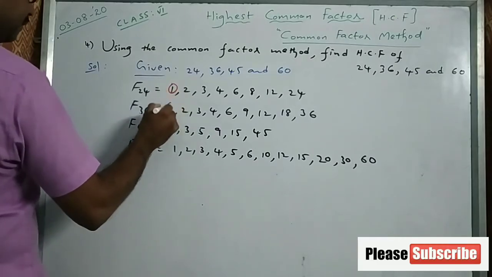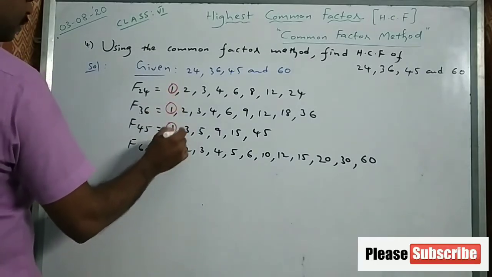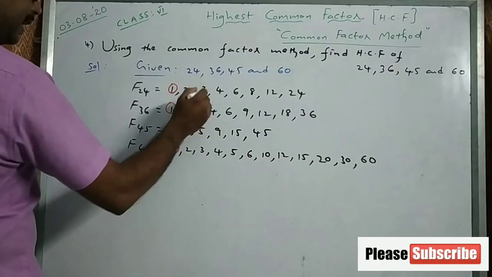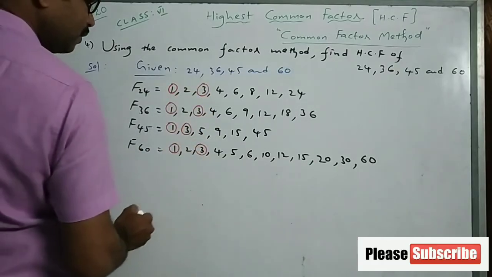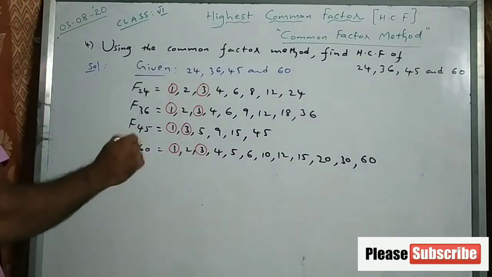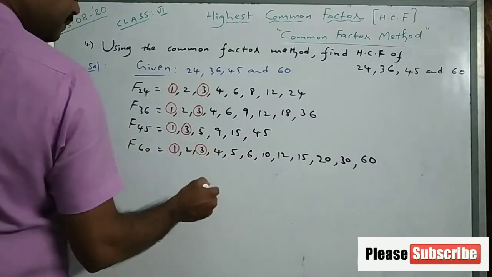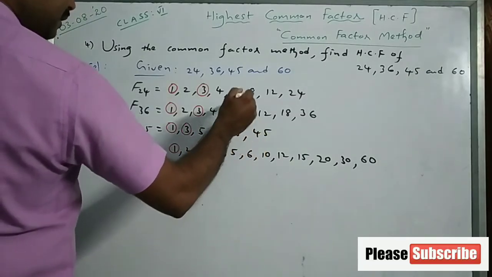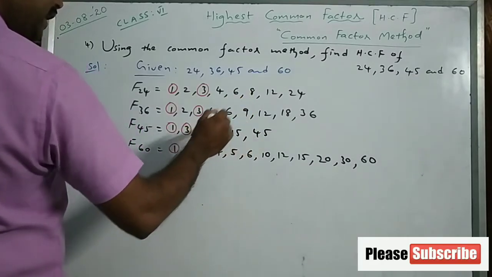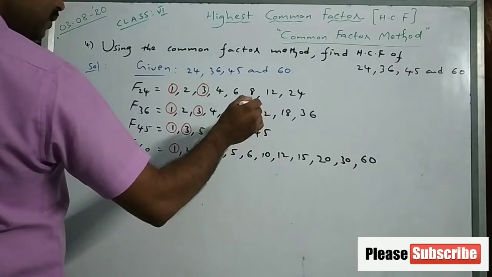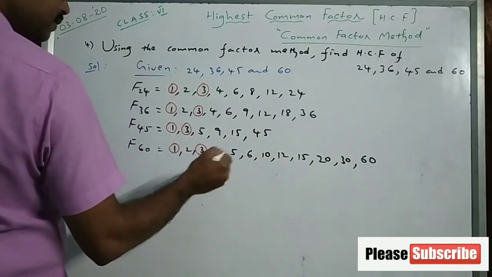Now 1 is there, 2 not there, right? 3 is there, 4 not there, 5 not there, 6 not there, 8 not there, 9 not there, 12 not there, 24 not there.